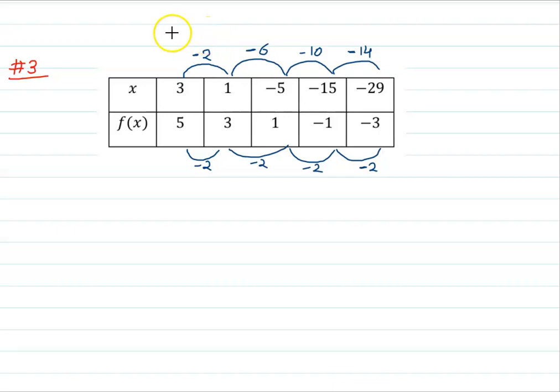Rather, they are multiples of -2. We can write them as -2 times 1, -2 times 3, -2 times 5, and -2 times 7. And we can observe that these are the odd numbers. Since these are multiples of -2, that means there is a horizontal stretch of 2 and a reflection as well.